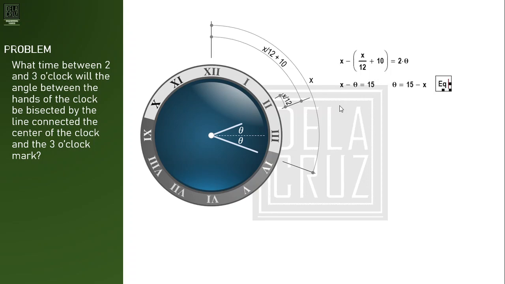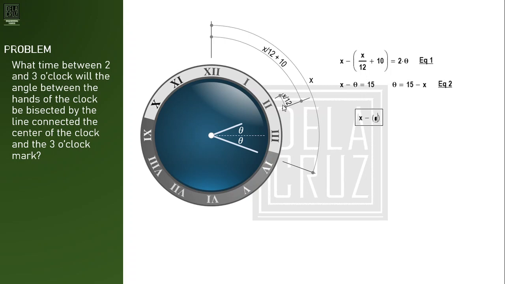Let's say this is equation 2. And we have here our equation 1. This is our equation 1. Equation 2. Alright, then substitute equation 2 to equation 1, then it will become x minus x over 12.